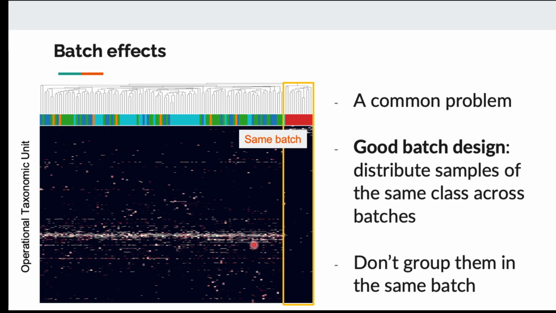You see the same abundant bacteria. But somehow, for the red batch, to this day we are still not sure what happened. You can see that the dominant bacteria completely changed to something else, even though these are the same patient cohort. That's why we have to be very careful when we design a metagenomic experiment.